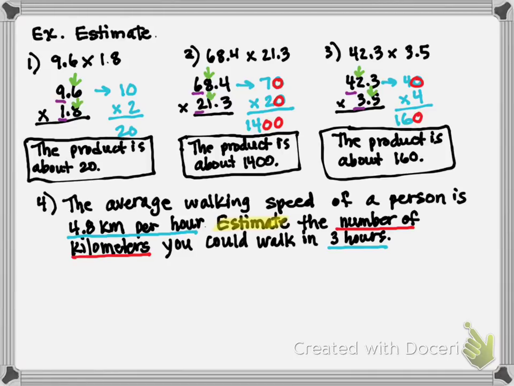Well, I talked to you a little bit about how we're going to be doing some conversions, and I like to do them with fractions. So we're actually going to demonstrate the problem this way. Per is a fancy way of saying divide by. So we've got 4.8 kilometers divided by 1 hour. And now I need to get rid of the hours and make the kilometers be the only label.